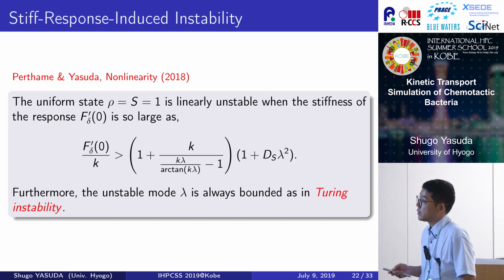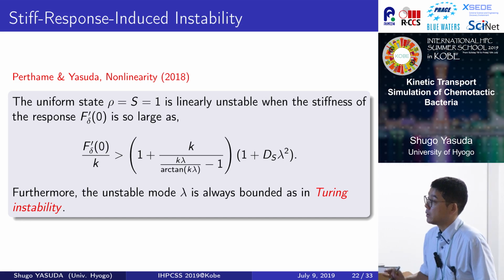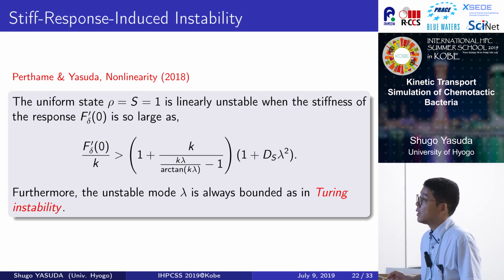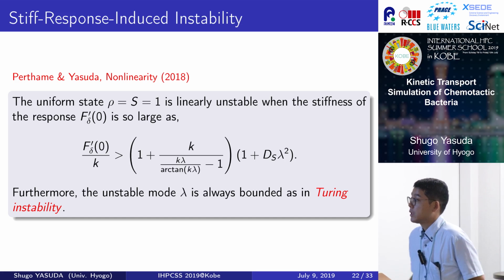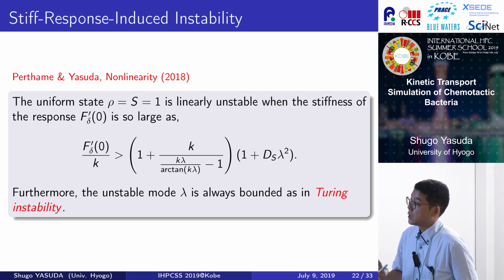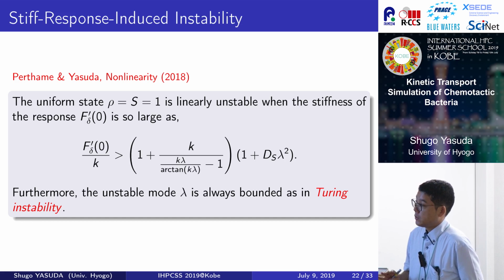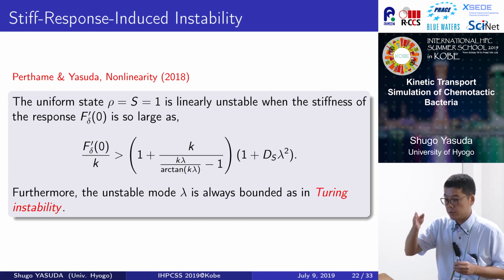This condition says that the uniform state rho equals S equals 1 is linearly unstable when the stiffness of response, the left-hand side, is sufficiently large. And furthermore, the unstable mode lambda is always bounded, so we can expect a Turing-like instability.